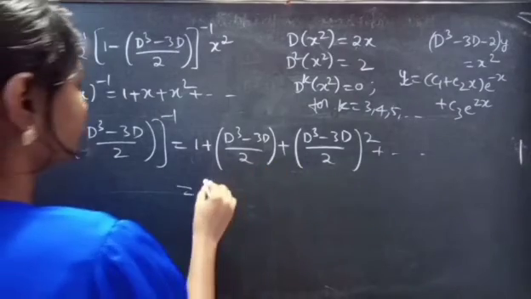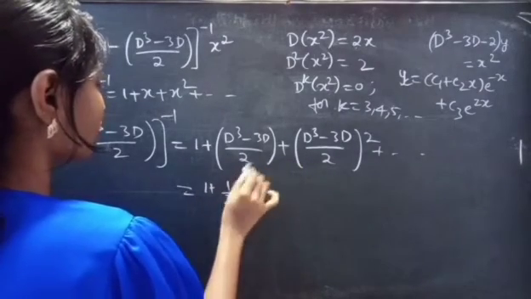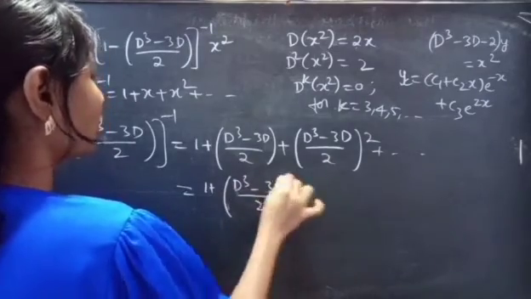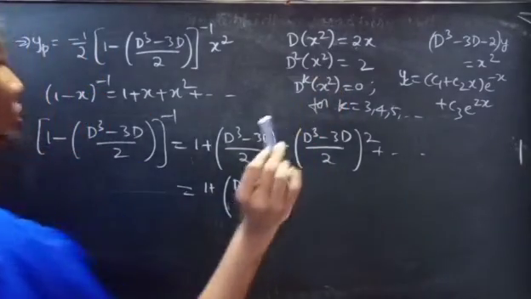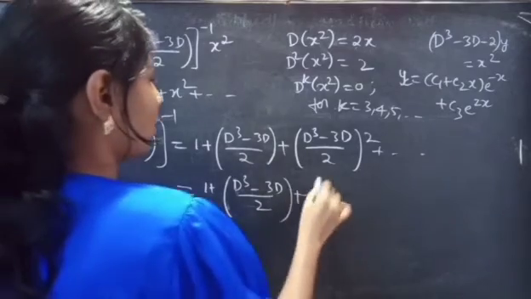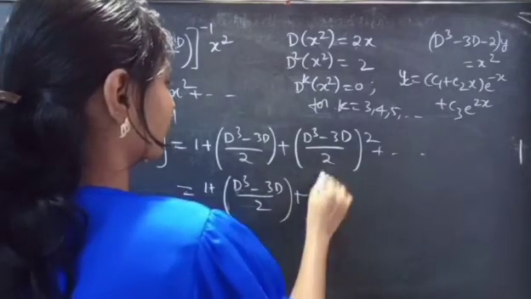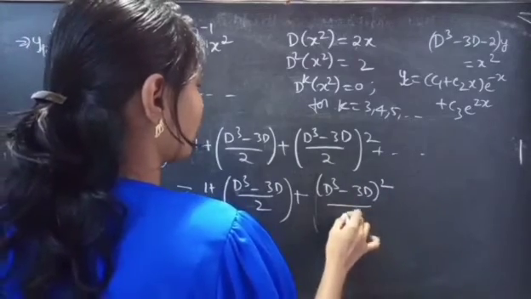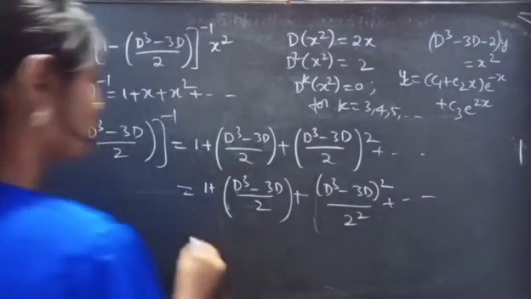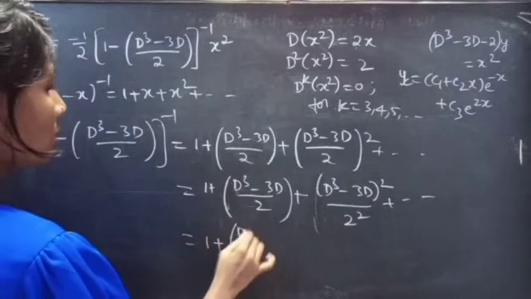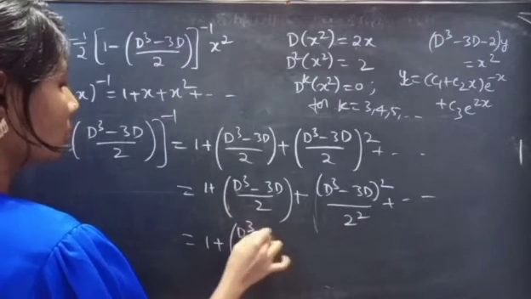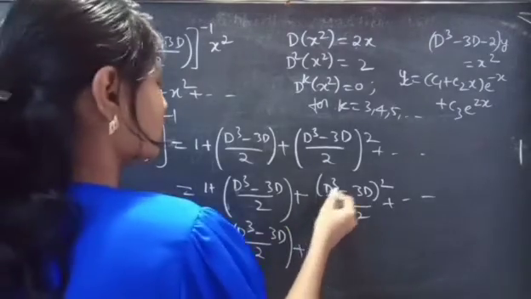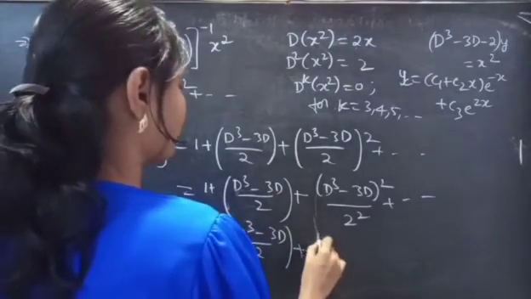See here we'll get D cube minus 3D by 2. We know that D cube of x square is 0. Okay. And here we'll get (D cube minus 3D) whole square by 2 square, which is equals to 1 plus (D cube minus 3D by 2) plus expand (D cube minus 3D) whole square.